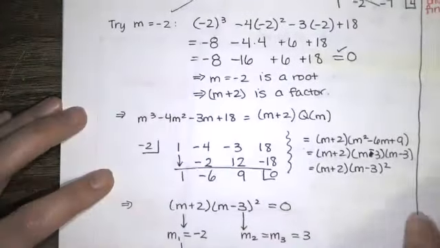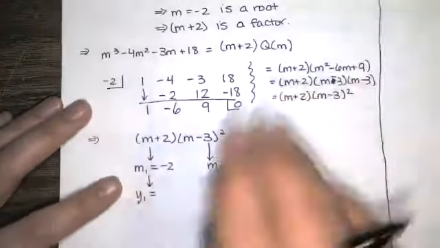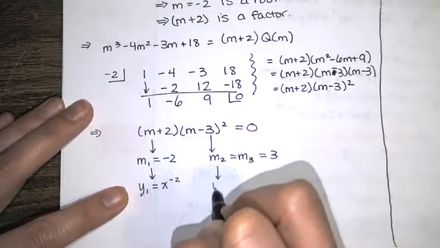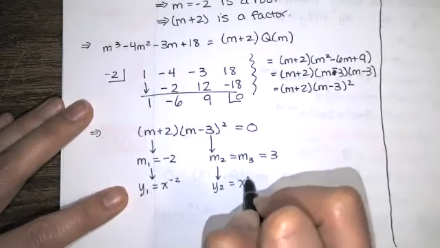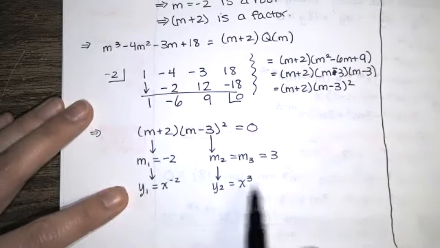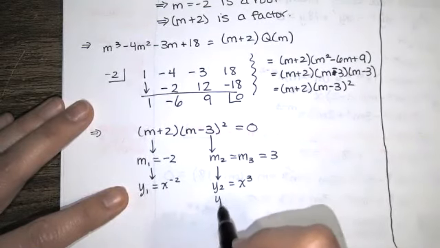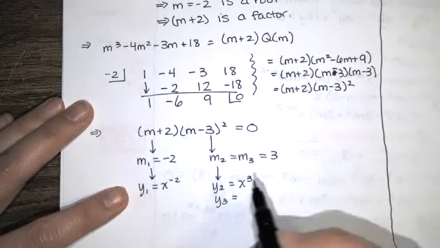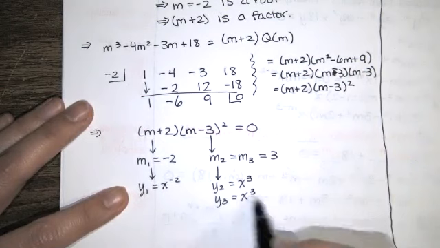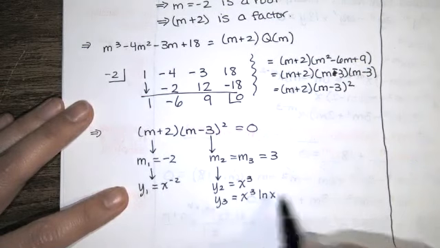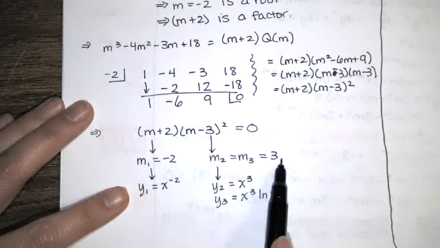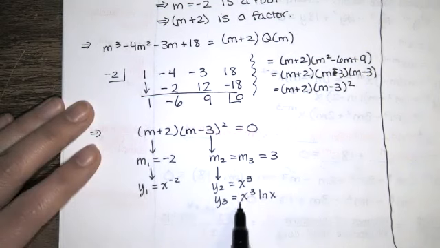So our first solution is x to the m1, so that's x to the negative 2. And our next solution is x cubed, it's x to the m2. And the third solution can't be x cubed because that's already this solution. In order to get a third linearly independent solution, we've got to multiply this guy by an x. So we've got two solutions that go with this repeated root because it's repeated twice.